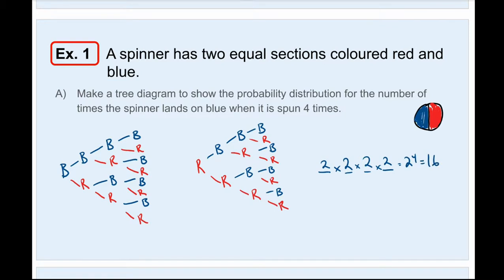And if I go through and add all these up, remember we're looking at pathways here, or we could look at just the last row and add all these up, and we would find that we have 16 total outcomes.